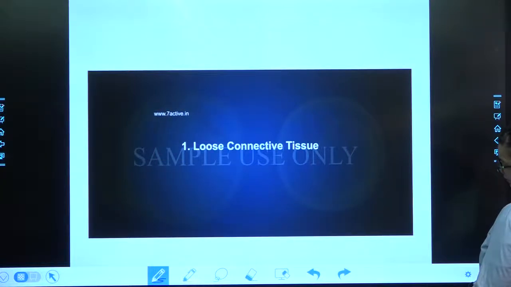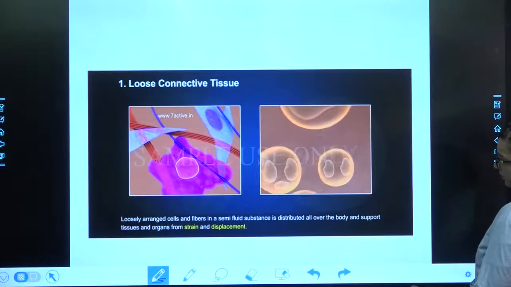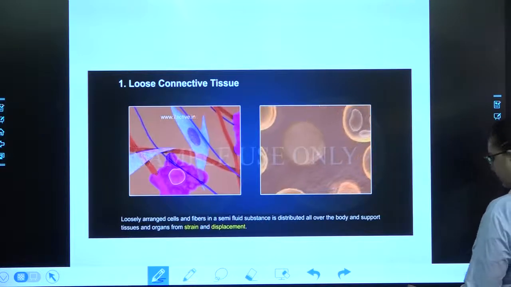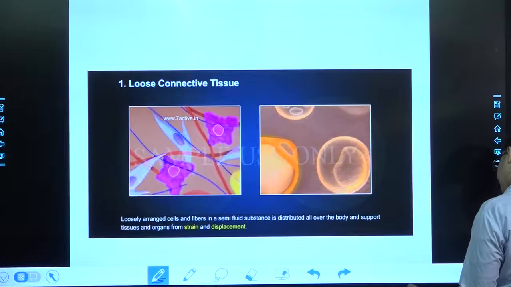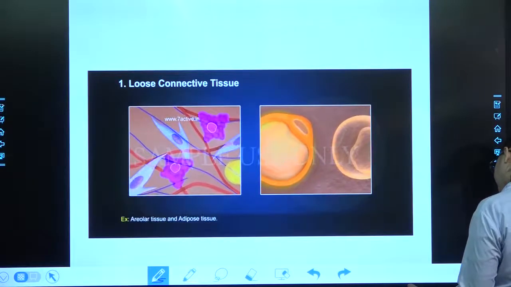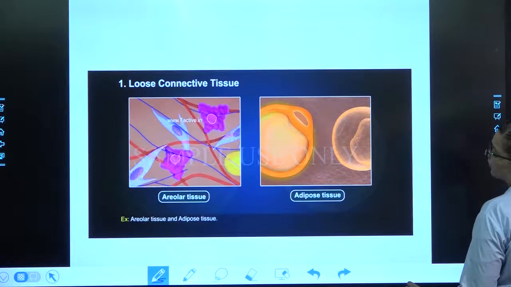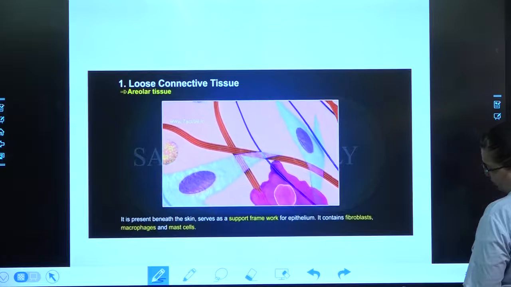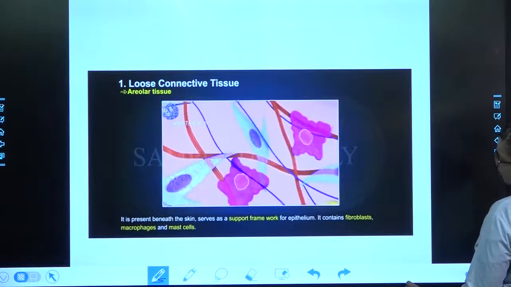1. Loose connective tissue. Loosely arranged cells and fibers in a semi-fluid substance is distributed all over the body and support tissues and organs from strain and displacement. Example: areolar tissue and adipose tissue. Areolar tissue. It is present beneath the skin, serves as a support framework for epithelium.